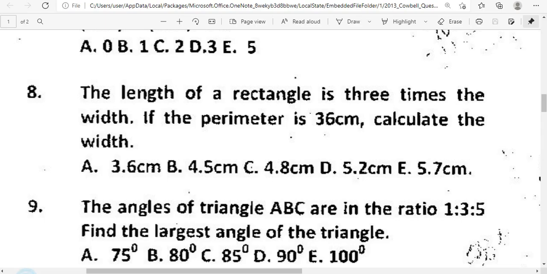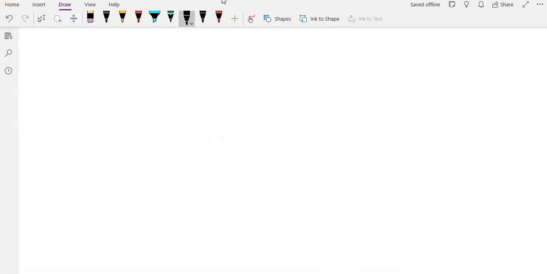Okay, so let's go. Everybody read it again, please. The length of a rectangle is 3 times the width. So if we call the width, I can call it anything I want, if we call it W, it means the length is what?